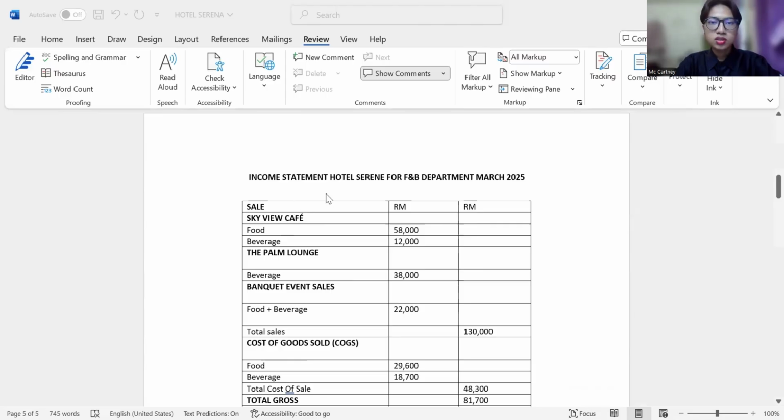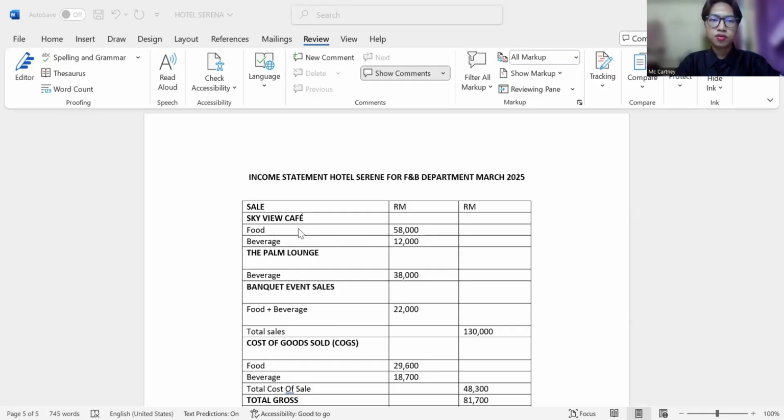Sales from Hotel Serena F&B department come from three different sources: the Skyview Cafe, the Plum Lounge, and banquet event sales. The Skyview Cafe contributes food and beverage, the Plum Lounge only beverage, and banquet event sales are food and beverage combined.